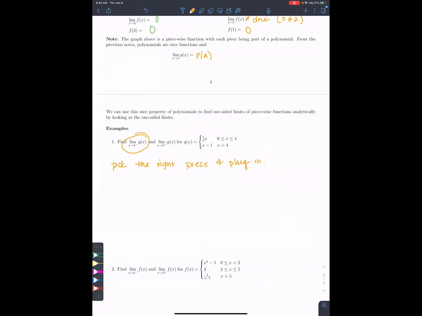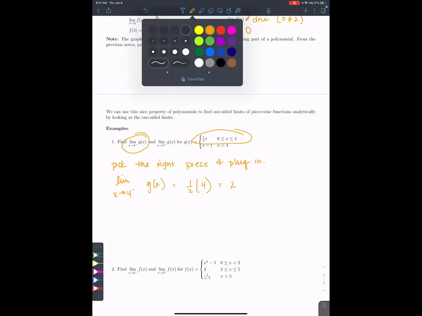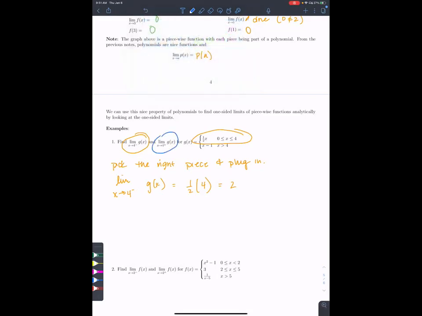So when we plug in for the limit as x goes to 4 from the left, we would plug in to the part where x is less than or equal to 4. And so this would be 1/2 times 4, which would be 2, which is what we got up above when we did that.